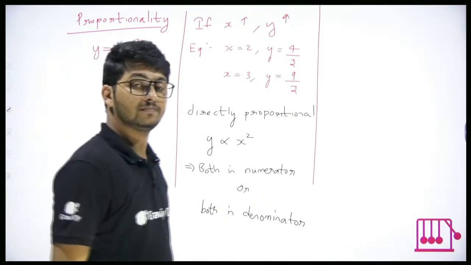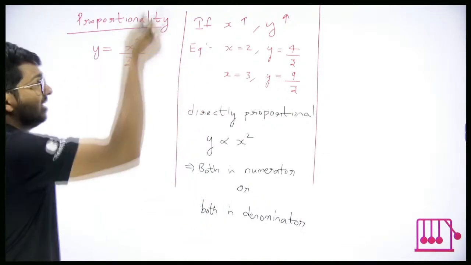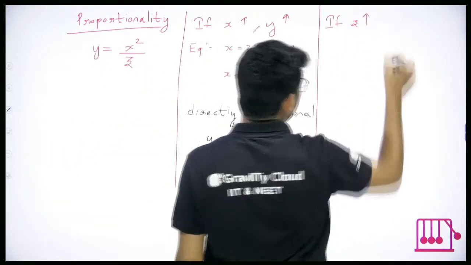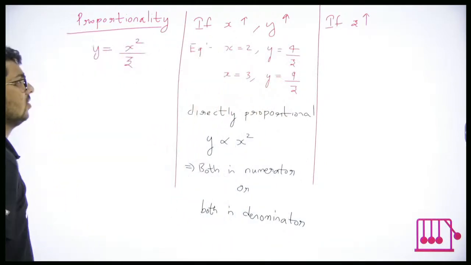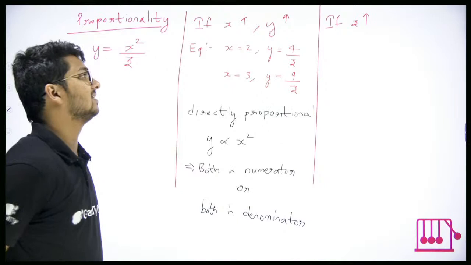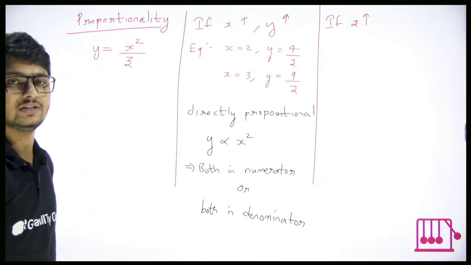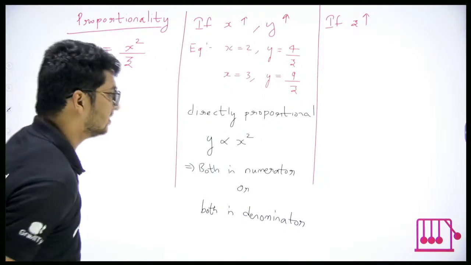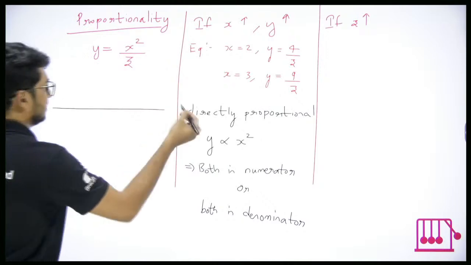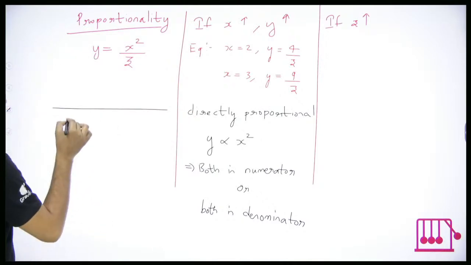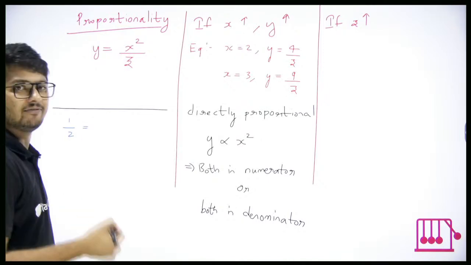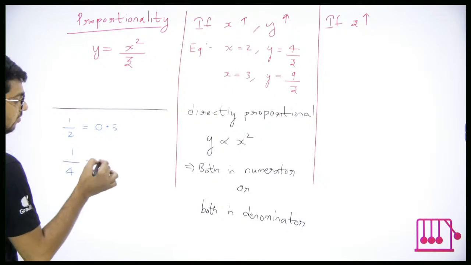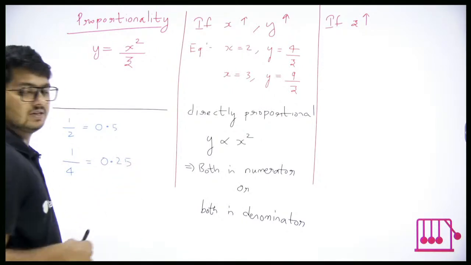Now comes the other one. What happens if z increases? Let me take an example. First of all, you tell me, if the denominator increases, does the value increase or decrease? Just take a very simple example here. 1 by 2 is equal to how much? Half, 0.5 in decimals. 1 by 4 is equal to how much? 0.25 in decimals.